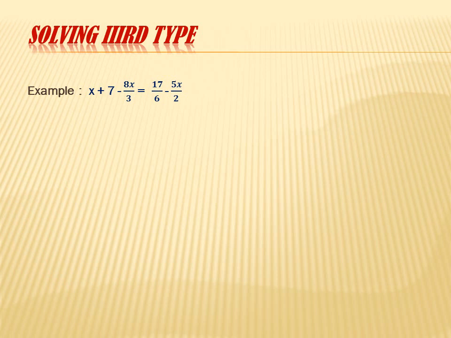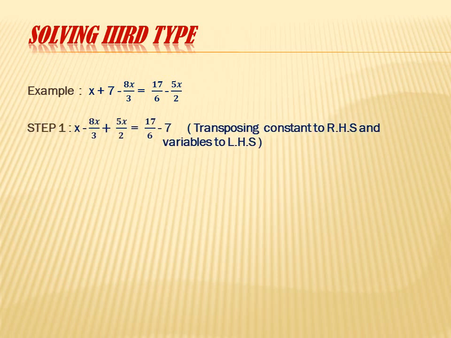Now we will start with the same basic concept, that we will keep variable on one side and constant on the other side. So here we will transpose constant to RHS and variable to left hand side. So plus 7 will move to that side and it will be minus 7, and minus 5 by 2 x will become plus 5 by 2 x in the left hand side.